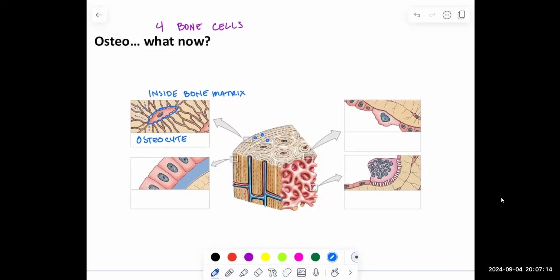So bone is made of a calcium phosphate salt, and osteocytes maintain those salts, maintain the calcium, maintain the phosphate. Their job is to maintain the bone matrix. Osteocytes.